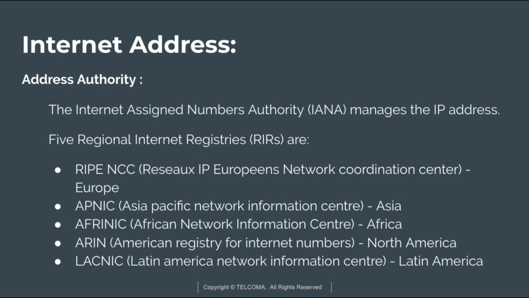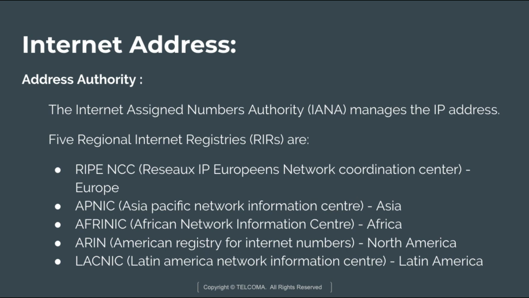AFRINIC, the African Network Information Centre, is in Africa. ARIN, the American Registry for Internet Numbers, is in North America. And LACNIC, the Latin America Network Information Centre, is in Latin America. So these are the 5 RIRs in different regions: Europe, Asia, Africa, North America and Latin America.